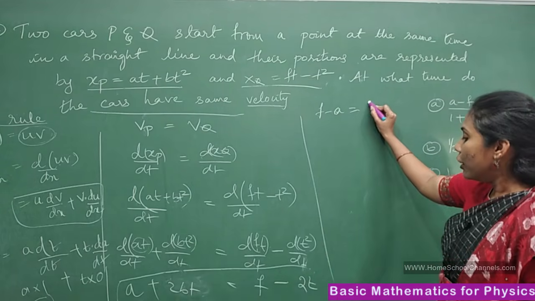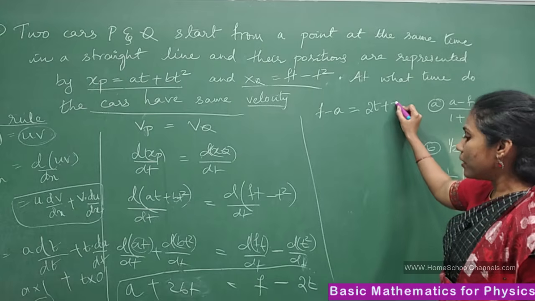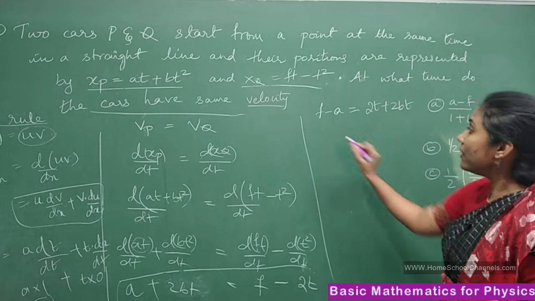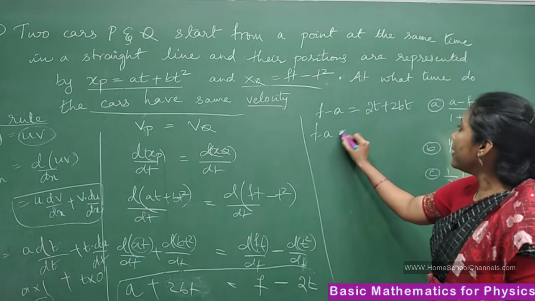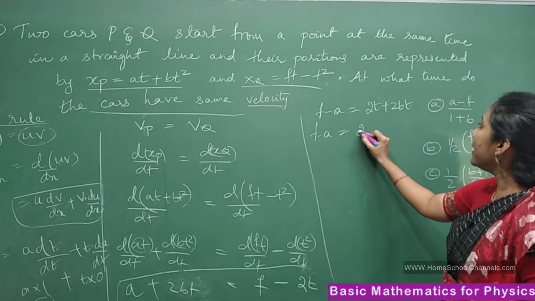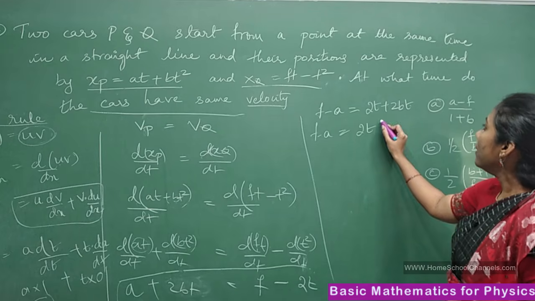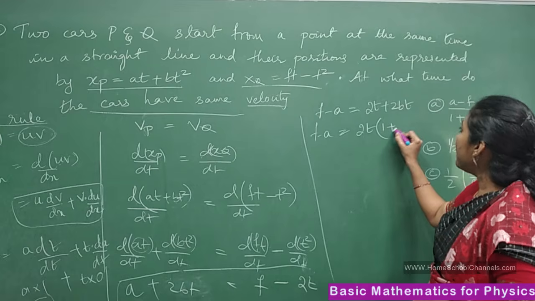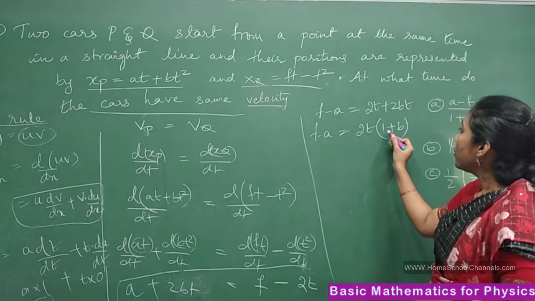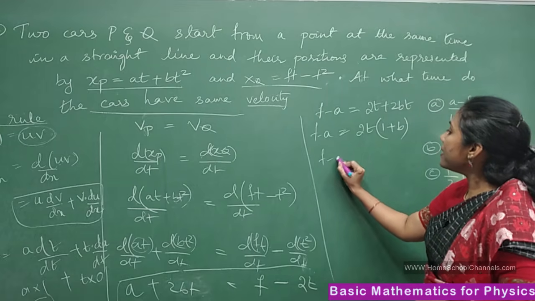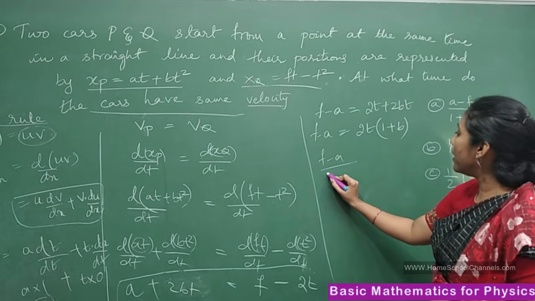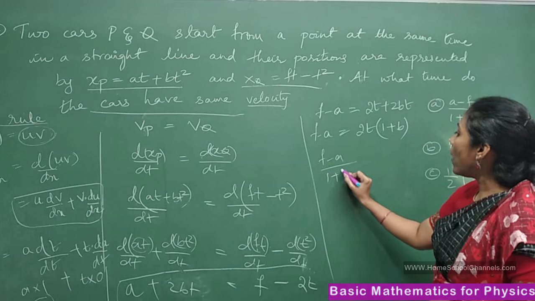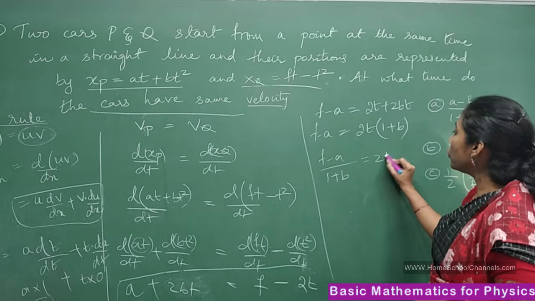So you will have 2t plus 2bt, right? So f minus a is equal to, here let me take 2t as common. If I take 2t as common, I get 1 plus b, right? So now f minus a, this one I'll shift here. It comes in the denominator.